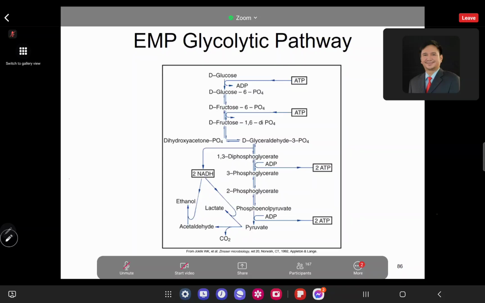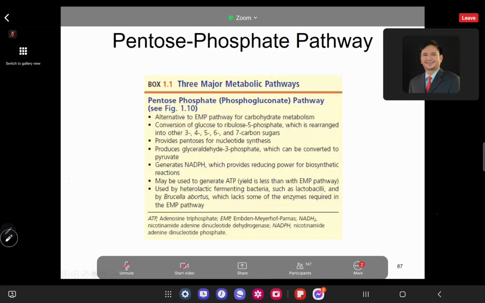So what would be our final product for the EMP glycolytic pathway? It would be ethanol, lactate, acetaldehyde and carbon dioxide. Now your pathway will undergo further processing, like with your Krebs cycle.